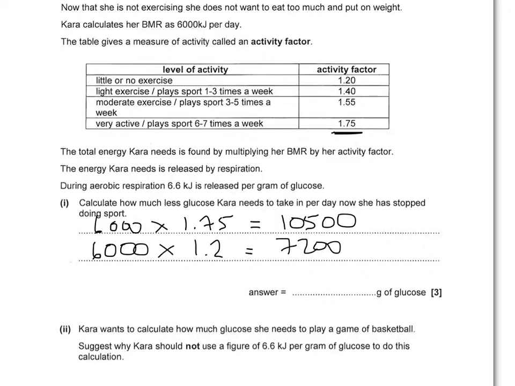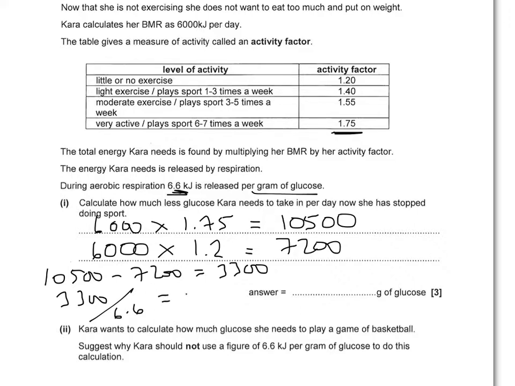Then you've got to take one away from the other to work out the difference. So 10,500 take away 7,200 equals 3,300. And then divide 3,300 by 6.6, which is how many kilojoules released per gram of glucose, which equals 500 grams. So your answer is 500 grams of glucose.